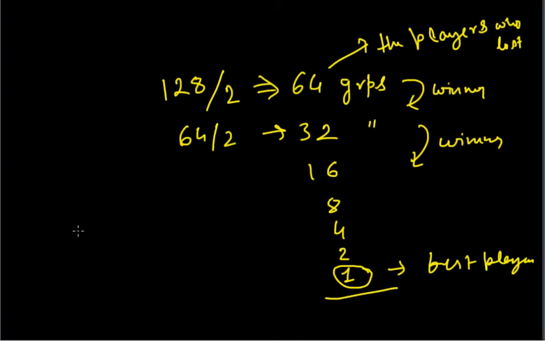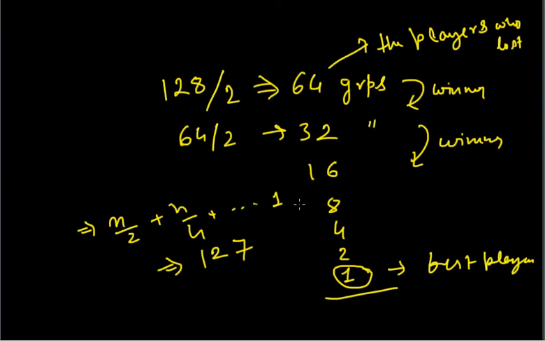So the number of games is n by 2 plus n by 4 plus up to 1. In this case it's 127 games. So I can get the winner in 127 games.